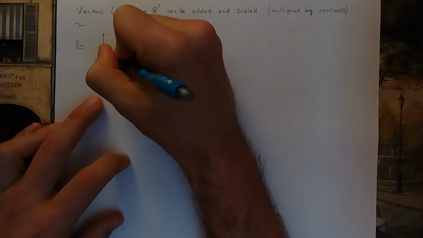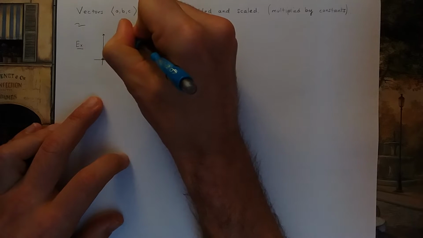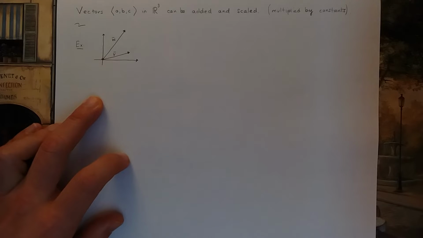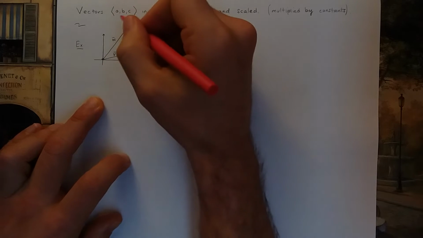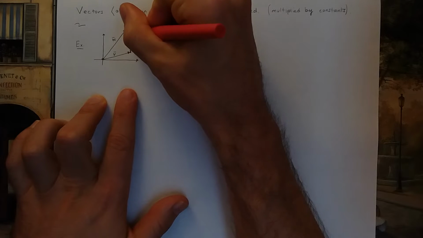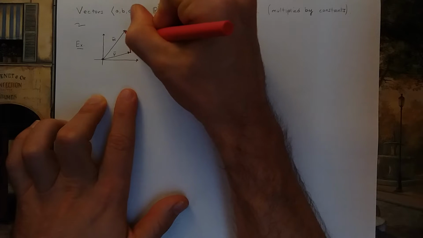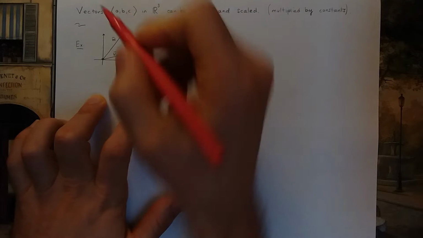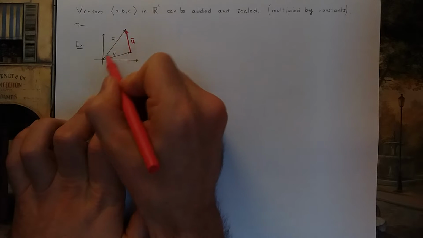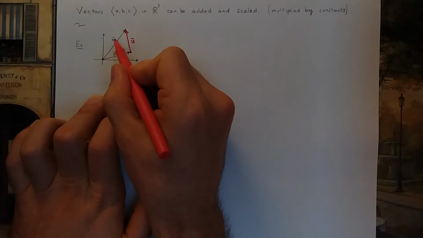Let's say I have another vector over here, w. So if I have two vectors, v and w, my question is, what is this vector u that starts at the point that you ended at v and goes to the point that you would end at if you traveled along the vector w?